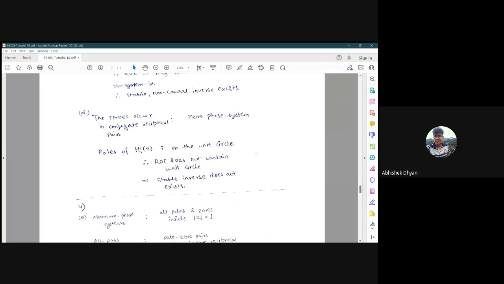For the D part, the zeros occur in conjugate reciprocal pairs, and that is why it is a zero phase system, just like the previous case. All the poles of Hi(z) lie on the unit circle. So the region of convergence won't contain the unit circle, because it will be from |z| greater than 1 to infinity. That's why the inverse is not stable.